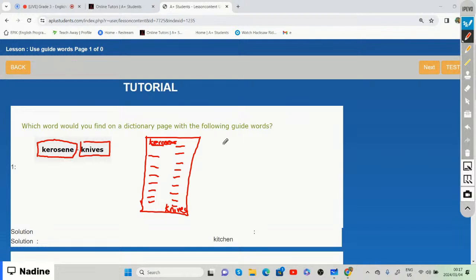And yes, like you say, kitchen is definitely a word that comes between those because I comes after E and I also comes before N. So kitchen is correct, right? You can also look at the word kitten.